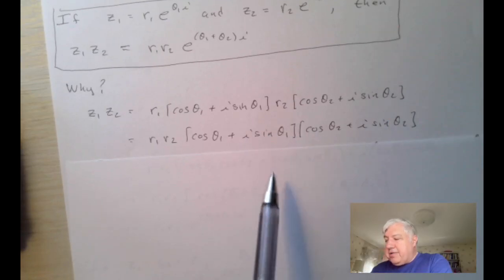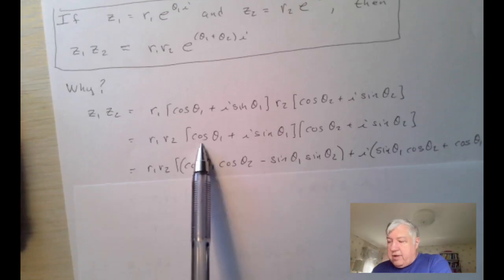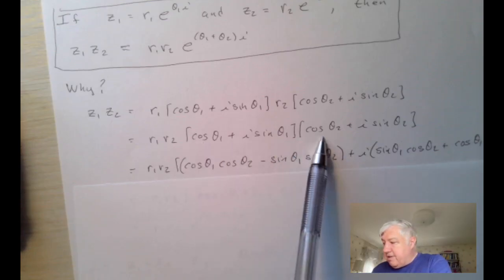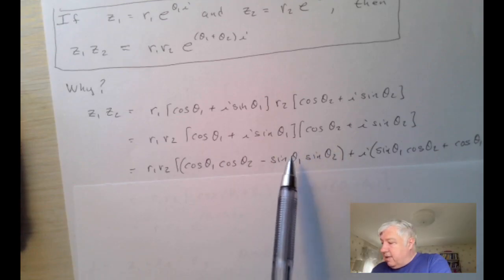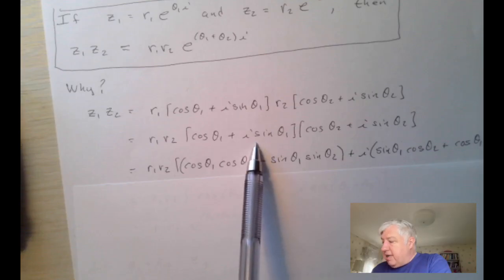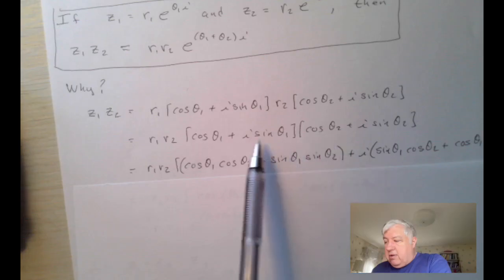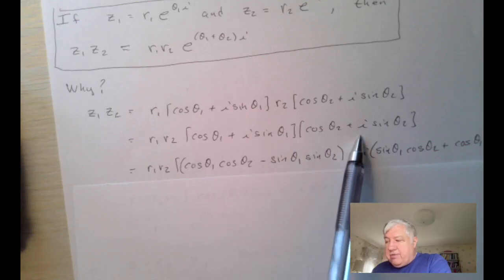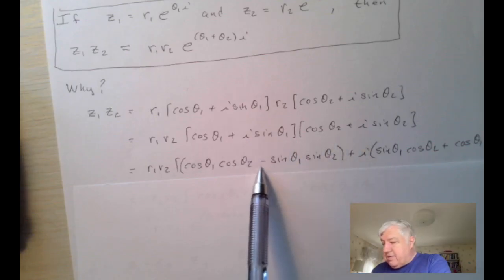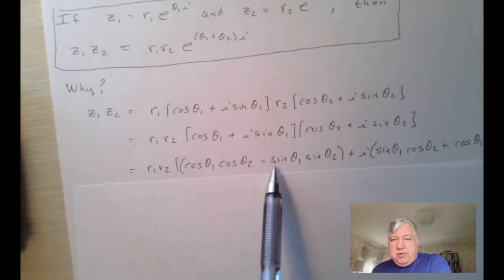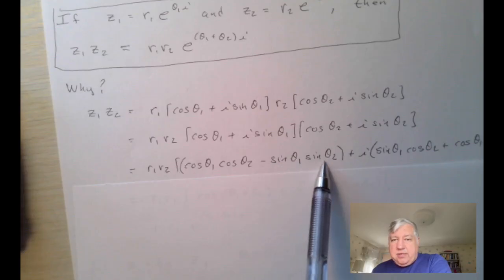We can FOIL these out, and we get cosine theta 1 times cosine theta 2, and then the last term would be i sine theta 1 times i sine theta 2. Well, i times i is i squared, which is -1, so that's where this minus sign comes from. So we get minus sine theta 1 sine theta 2.